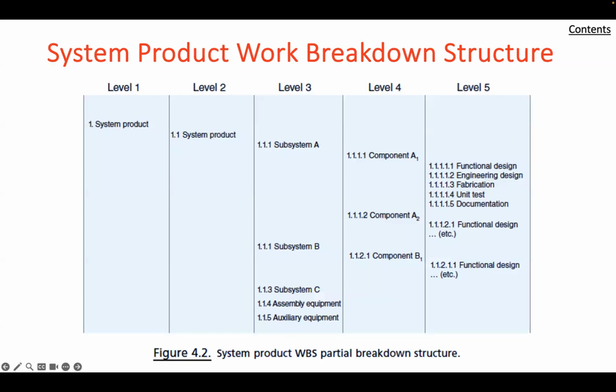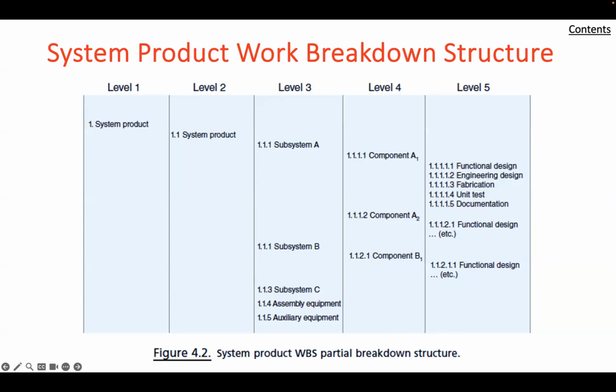So here is an illustration of the levels of a WBS, a system product breakdown structure. The WBS format is generally tailored to the specific project in hand, but always follows a hierarchical tree structure designed to ensure a specific place for every significant portion of work under the project.